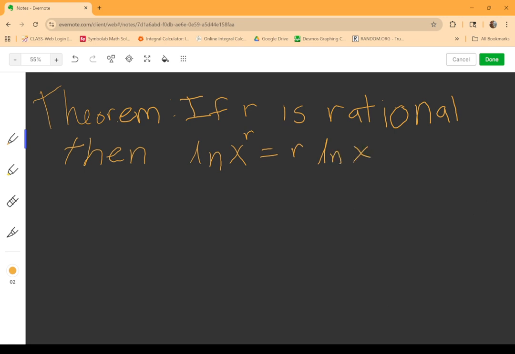We take the same approach here, where we take the derivative of each one of these on the left side and the right side of the equal sign.